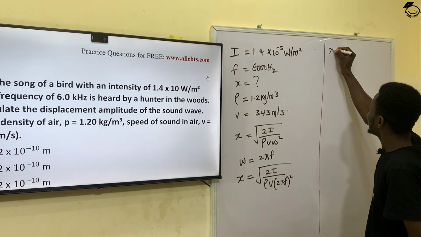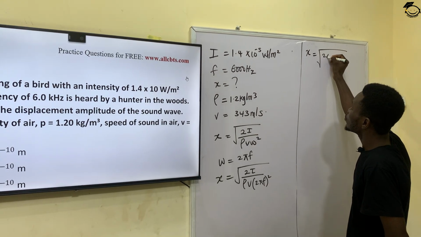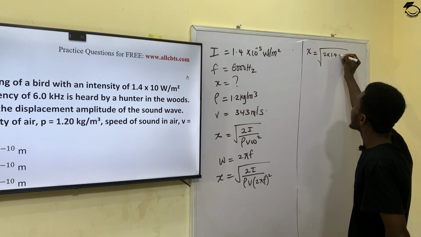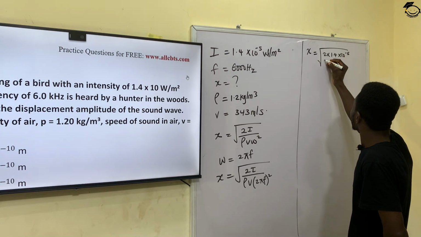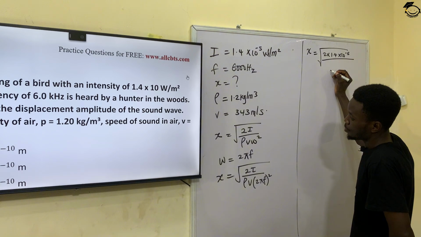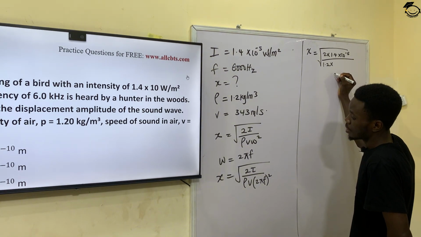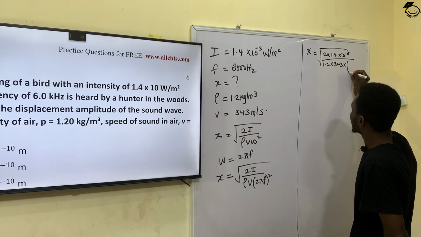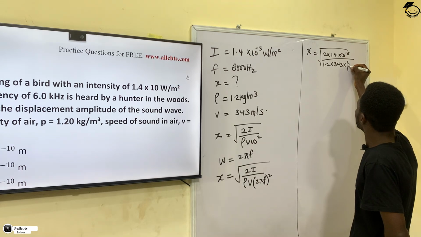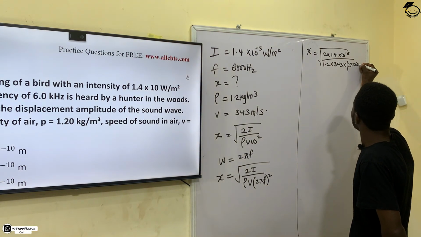So our displacement amplitude of the wave will be equal to the square root of 2 times 1.4 times 10 raised to the power minus 5, divided by rho, which is 1.2, times my speed, 343, times 2 pi times 6,000, all squared.